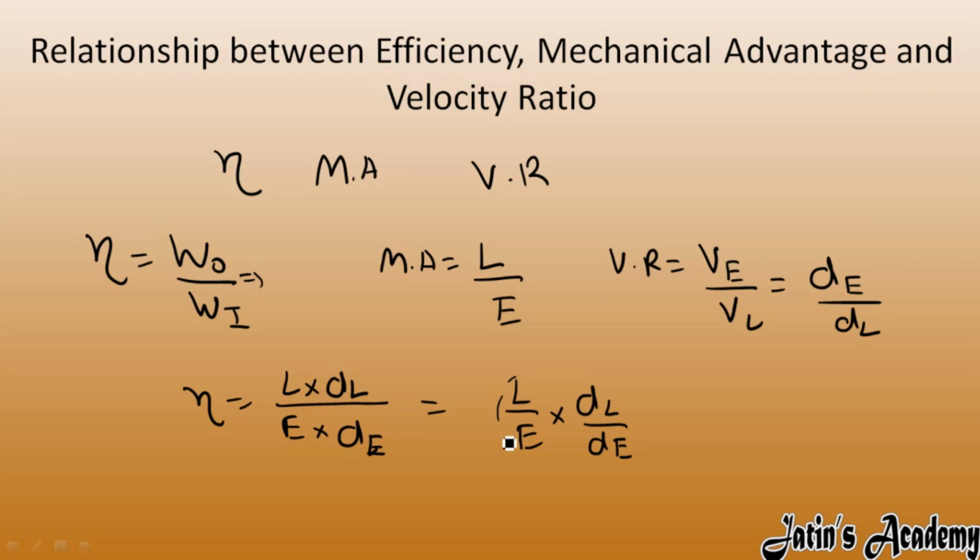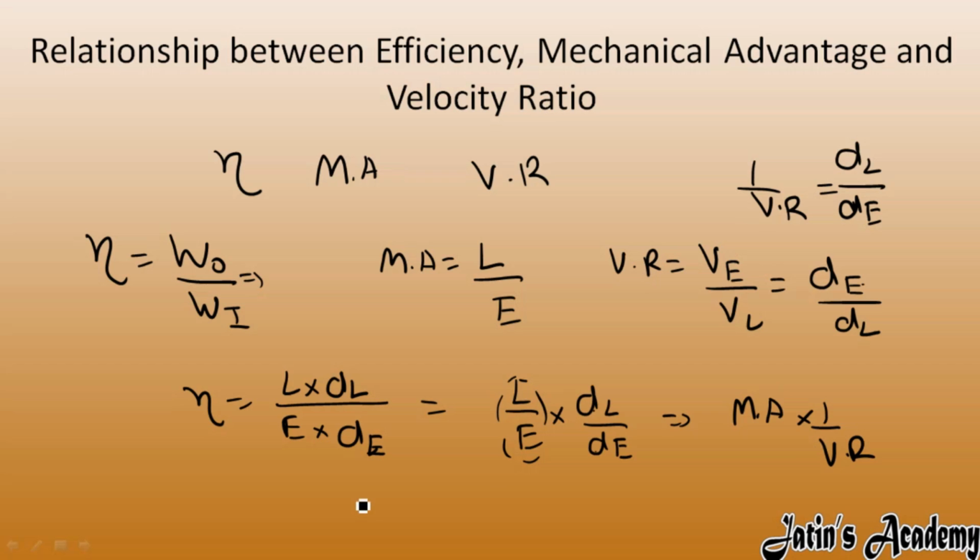Load upon effort is mechanical advantage, and then we have displacement of load over displacement of effort. Actually velocity ratio is displacement of effort over displacement of load, just the reciprocal. So displacement of load over displacement of effort is 1 over velocity ratio. Now put the value as 1 over velocity ratio.